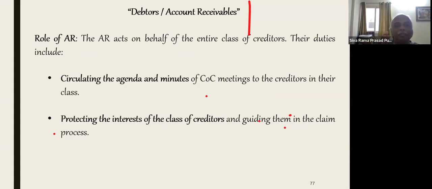So the commercial papers are one type of class of creditors, like bonds, debentures, home buyers, fixed deposits, etc.